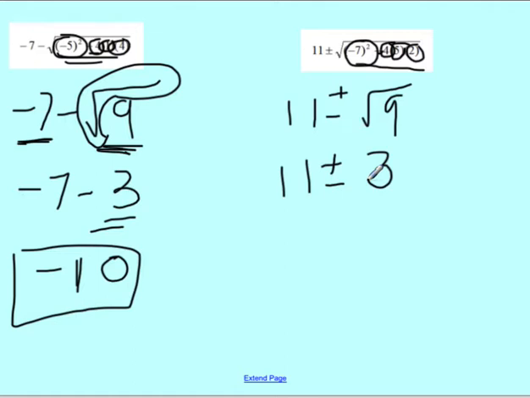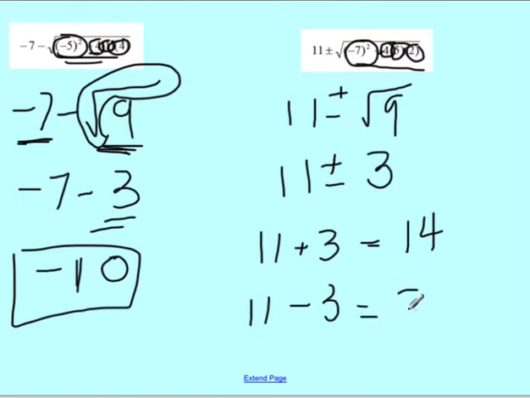Then you can get rid of that radical. So now I'm going to have two things: 11 plus 3 and 11 minus 3. I'm splitting up that plus or minus. 11 plus 3 gives me 14, and 11 minus 3 gives me 8. These two right here are your final answer.